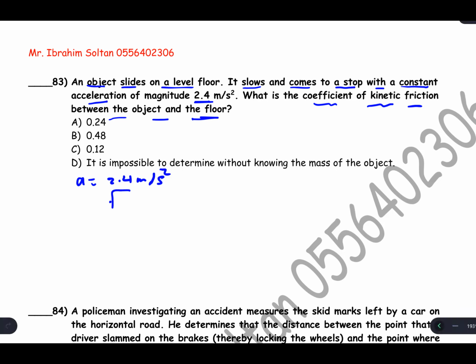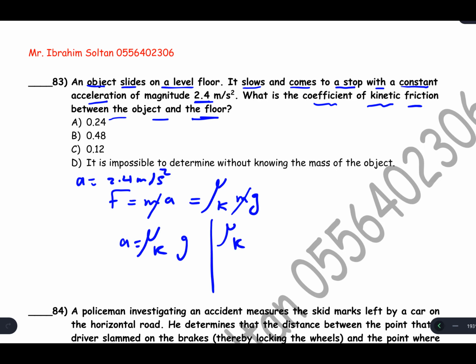So F, you know well that F equals ma and exactly equals mu k mg because the object is moving. M goes with m, and a equals mu k g.